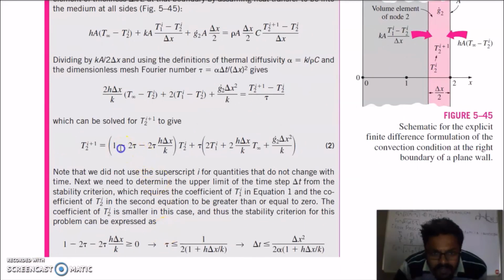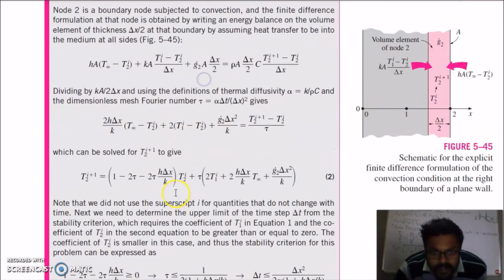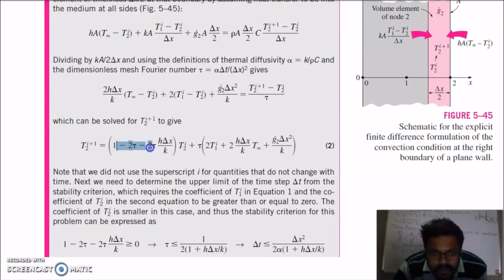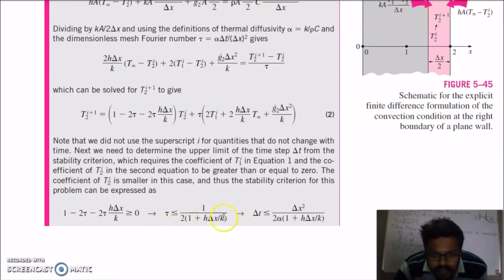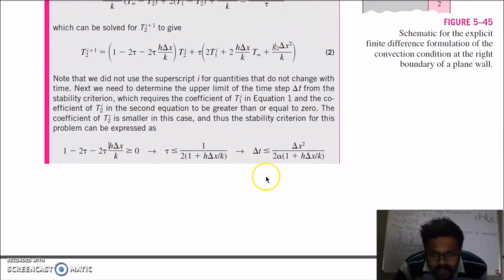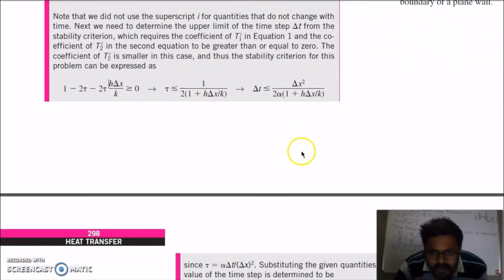So definitely this coefficient is smaller as compared to this coefficient. So we will take this as the criteria. We will keep this greater than or equal to 0. By putting this greater than or equal to 0 and rearranging, you will get del t less than or equal to this value.